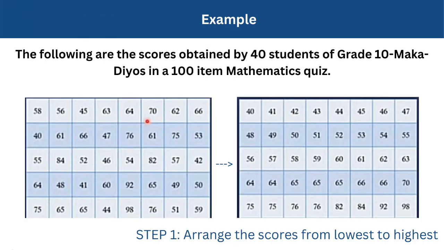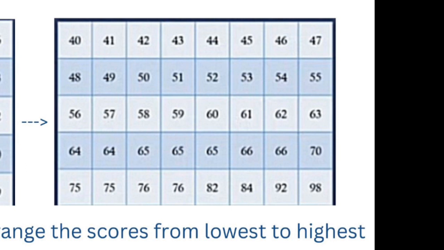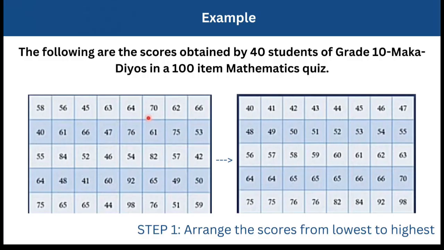So first, you need to place the lowest score, which is 40, and then just follow with the next score. Then our last would be the highest score. As you can see in the second table, it is correctly arranged in sequence from lowest to highest.